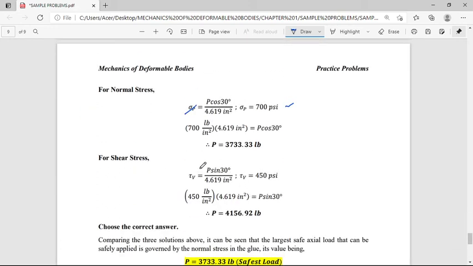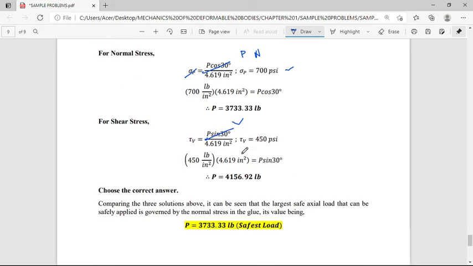That is why P sine 30 is written there, equal to V. And this is equal to P, or you can also say N, for normal. So, wherever you are happy. Such that the shearing stress at the glued portion is equal to 450 pounds per square inch.